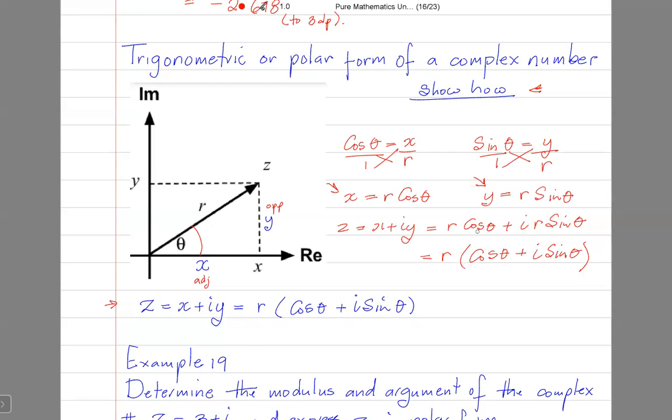Then r is common, so I factor out the r. And so z is equal to r into cos theta plus i sine theta, where r is the modulus of the complex number and theta is the argument of the complex number. All right. So let me stop this video and ask you guys to have a look at example 19.